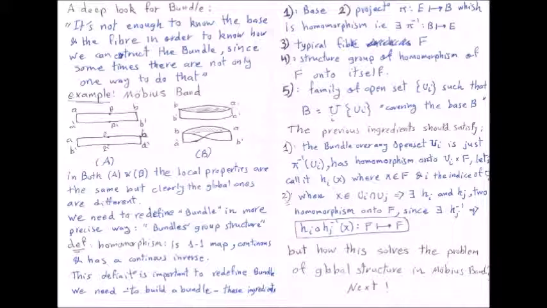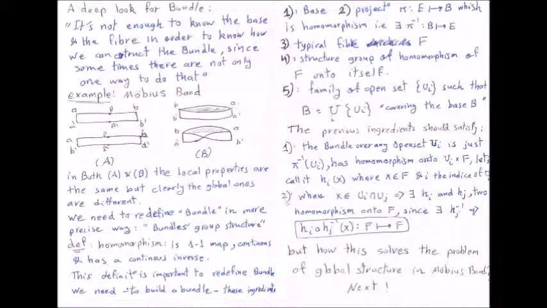The second condition: let's suppose we know previously that these open sets, which cover all the base, must intersect, must have an intersection area.